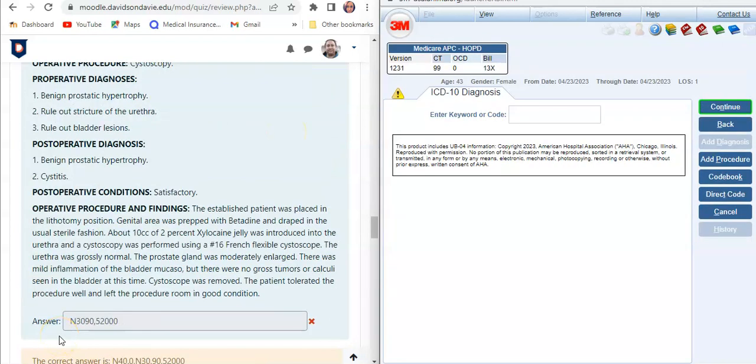Okay, now for this one, it's got the preoperative diagnoses and it's got the postoperative. So what they thought it was compared to what actually was. So cystitis.